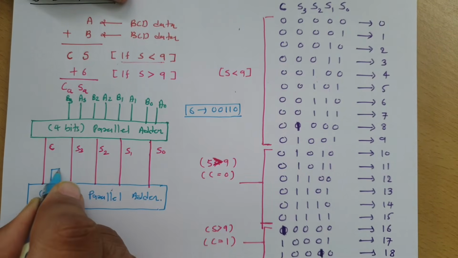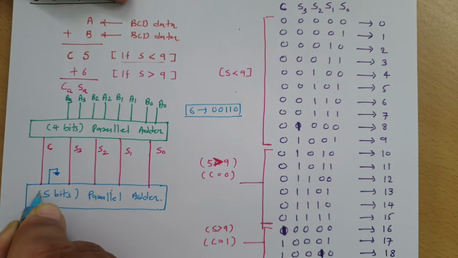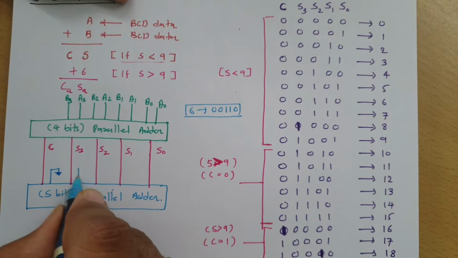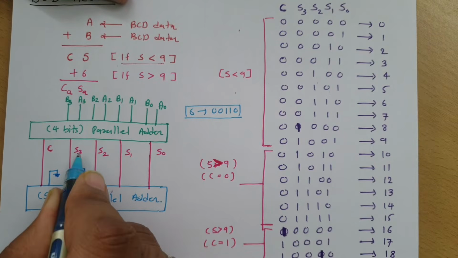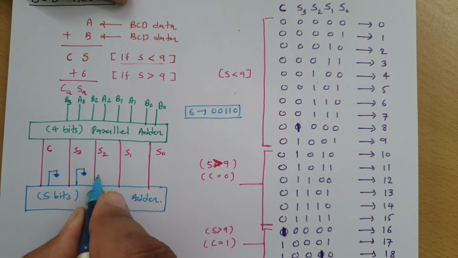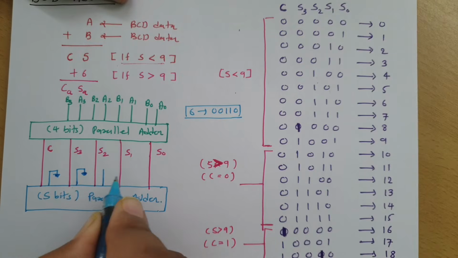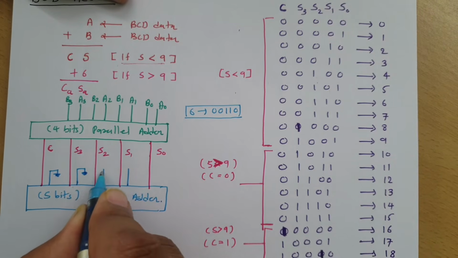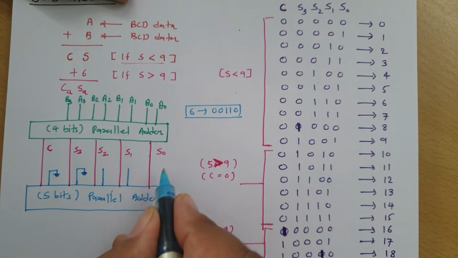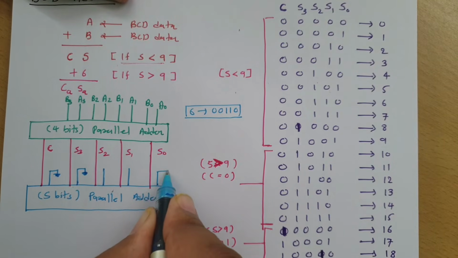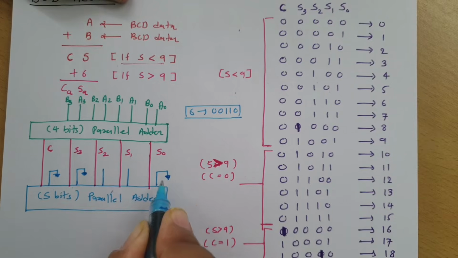See, this is the meaning of 6. So over here we need to have 0, so by having ground we are adding this S3 with 0, but with this S2 and S1 there is one function that we will be making, and with this S0 we are again adding it with 0.